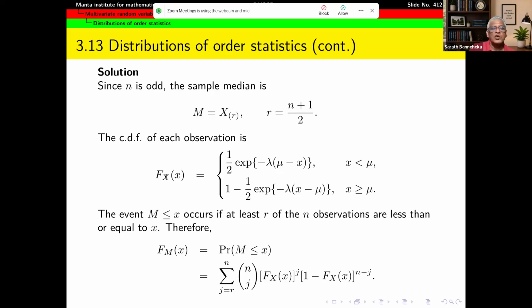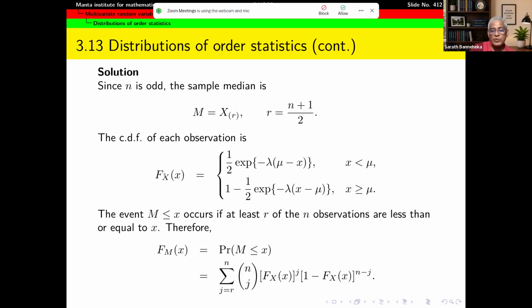When x is less than mu, it is given by this expression; when x is greater than mu, it is given by this expression. If I want the cumulative distribution function of M evaluated at some value, say small x, then I can directly apply the method: probability M less than or equal to small x, and that will be given by this expression.